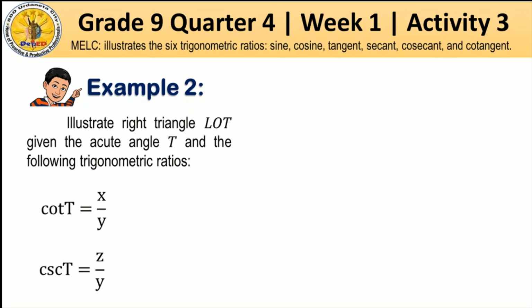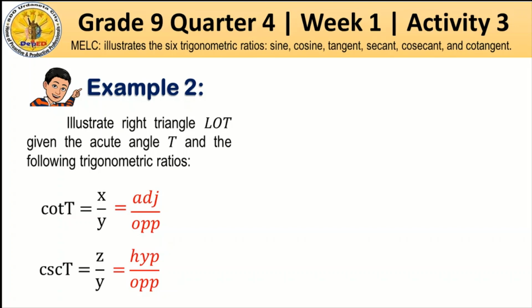How about if the given is cotangent T is equal to X over Y and cosecant T is equal to Z over Y? Just like what we did in the previous example, we know that cotangent T is also equal to adjacent over opposite, and cosecant is also equal to hypotenuse over opposite.